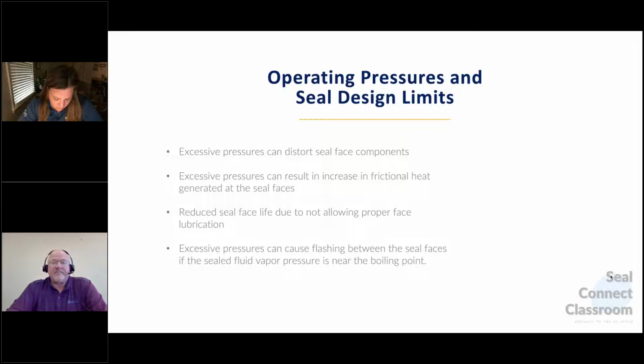And we talked about flashing of products between the faces in the earlier part of this discussion, like water and hydrocarbons and hot water and hydrocarbons. If you're going to run anything where the face heat generation is going to get close to the boiling point, all of these environmental controls are important to create that environment for that seal to fight all of these design limitations within the seal.